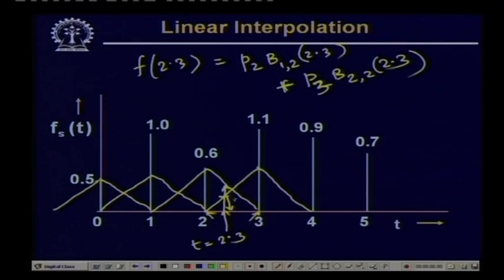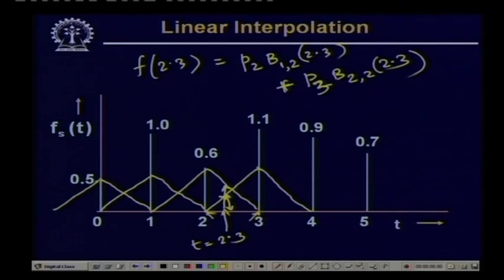this value. And here you find that because the function increases linearly from 0 to 1 between t equal to 2 and t equal to 3, and it decreases linearly from 1 to 0 when t varies from 3 to 4.